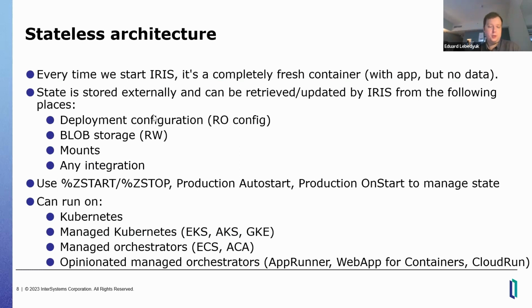Next, you have blob storage, for example S3, where you can retrieve and write data. You can have mounts, which can be file system mounts and block storage mounts. The difference between them is as follows. When you have a file storage mount, you work with files, and any change in a file results in the upload of this file.